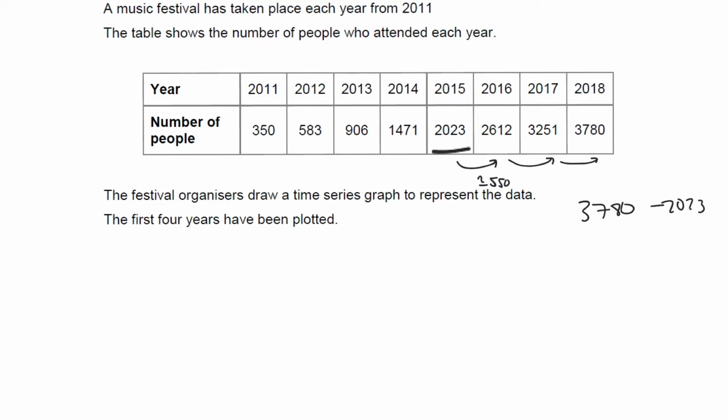So I'm putting into my calculator 3,780 minus 2,023. That's about 1,757. That's over 3 years, so I'm going to divide that by 3. That's going to give me a rough estimate each year. So that's about 585.6 recurring. Okay, so about 585, 586 each year.